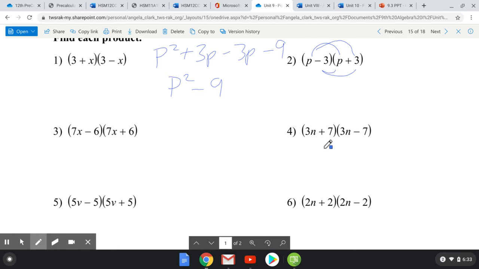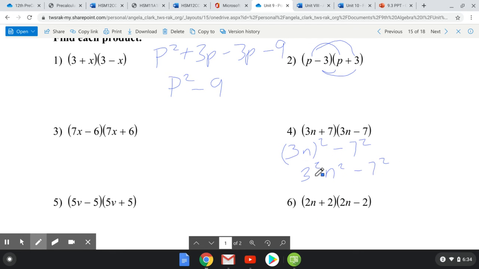So I'm going to end up with 3n squared minus 7 squared. If I simplify that, I have 3 squared n squared minus 7 squared. You don't have to do this middle step.